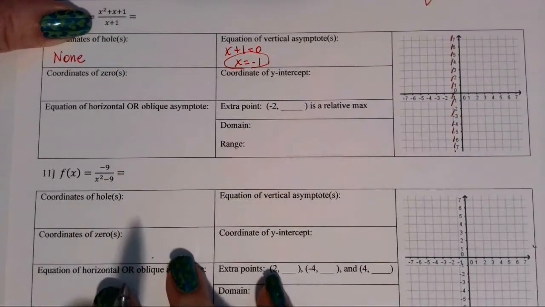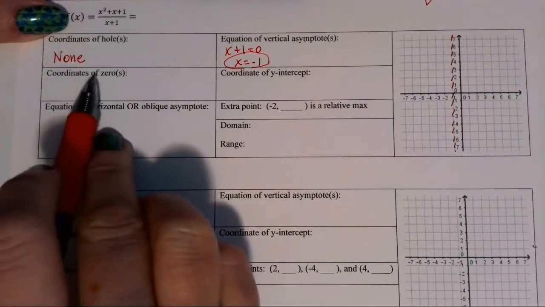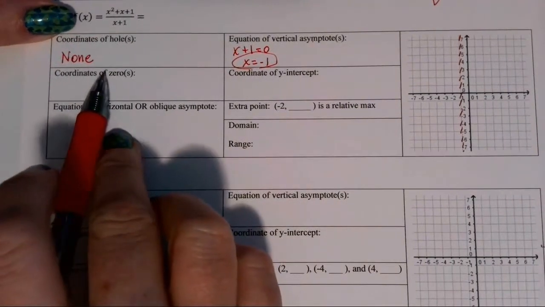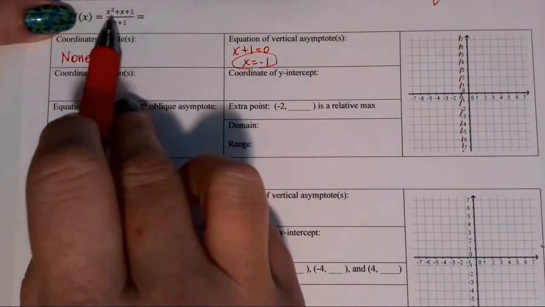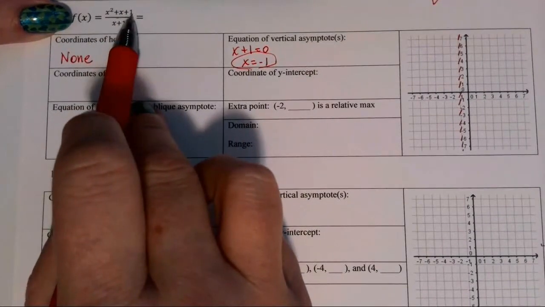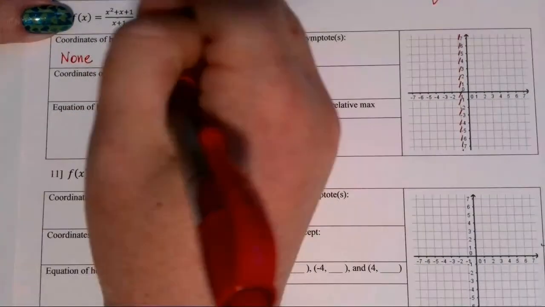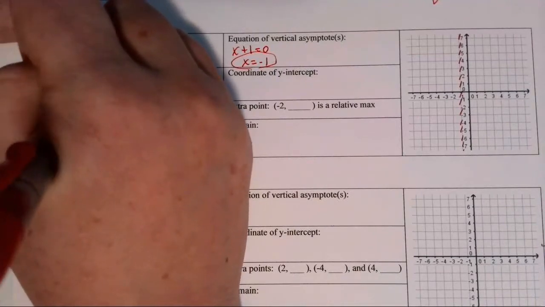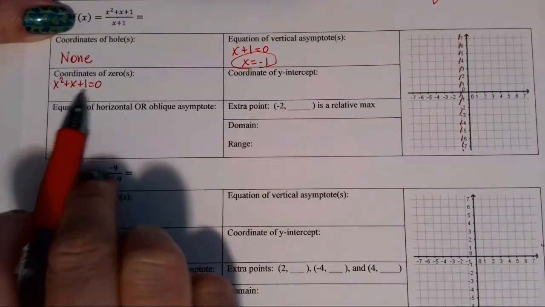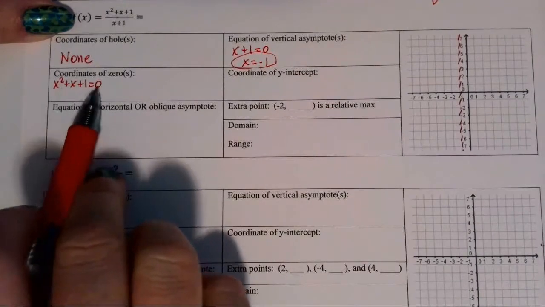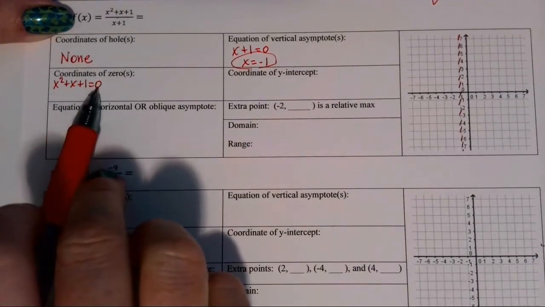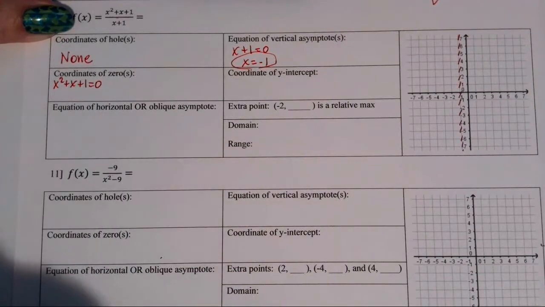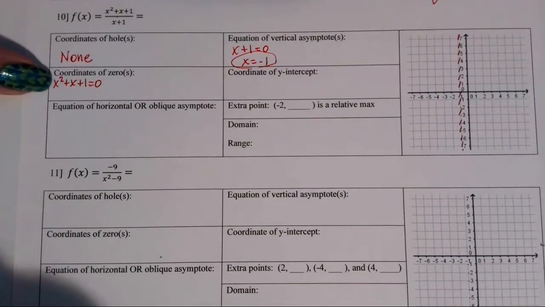Then for the coordinates of the zeros, we take the numerator, x squared plus x plus 1, and set that equal to 0. Since that is not going to factor, we're going to need the quadratic formula to find any irrational or imaginary zeros.